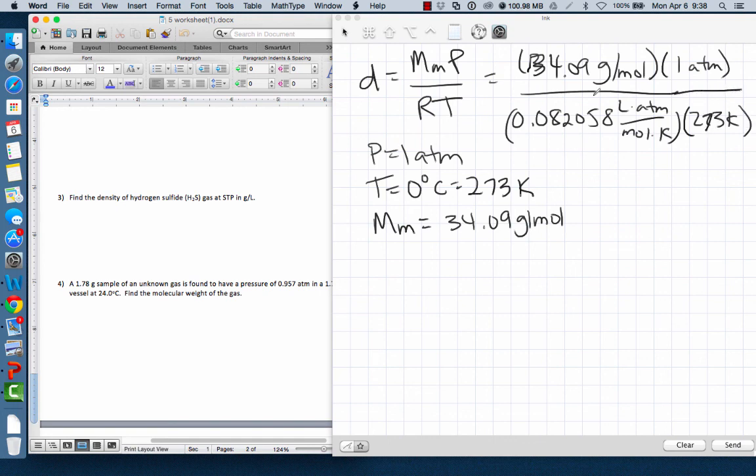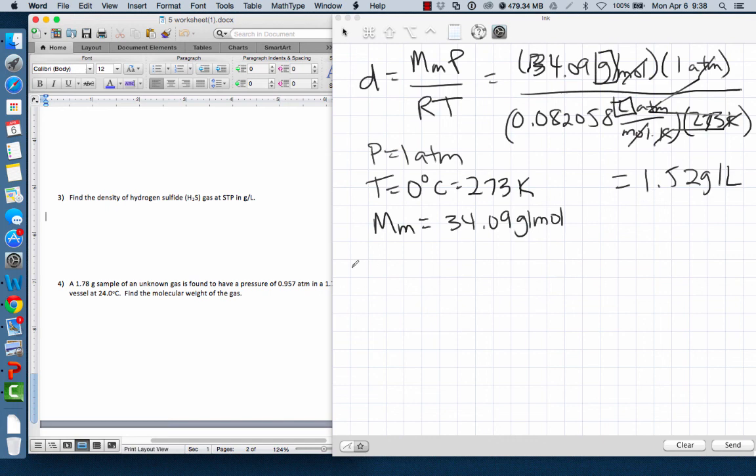Okay, so let's make sure that everything cancels. We have our atms canceling. We have our Kelvins canceling. We have our moles canceling, and we end up with grams per liter right here. Okay, so when we put all of this in, we end up with 1.52 grams per liter hydrogen sulfide gas.